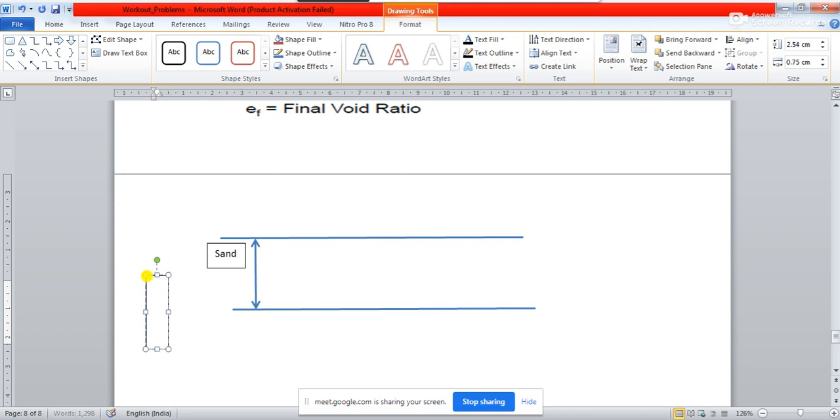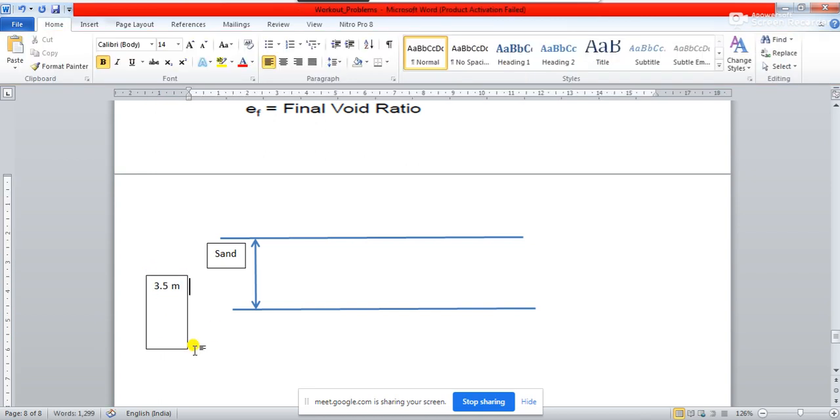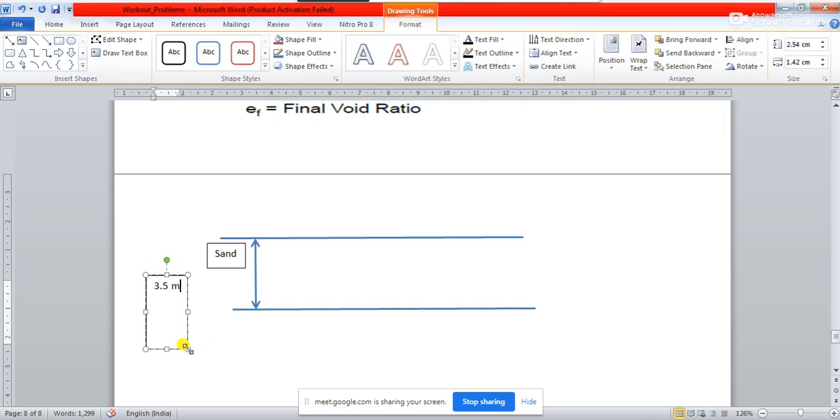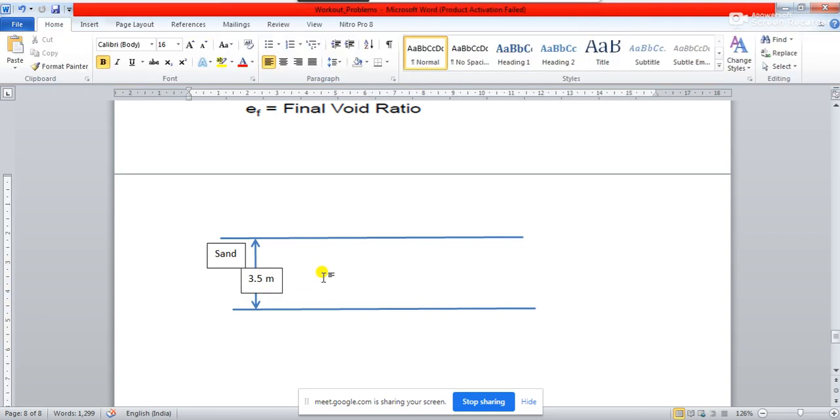Let us write it over here, 3.5 meter. That means this depth is actually 3.5 meter. Is it clear? So from here to here it is 3.5 meter.